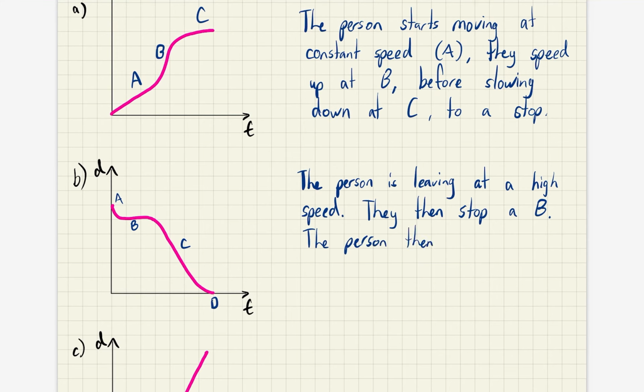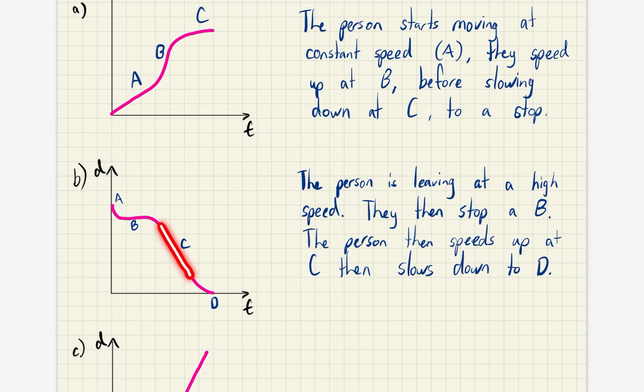The person then speeds up at C. Then slows down to D. And the reason why I know that they're slowing down is because of the speed, it starts to slow, like the curve reduces in steepness.